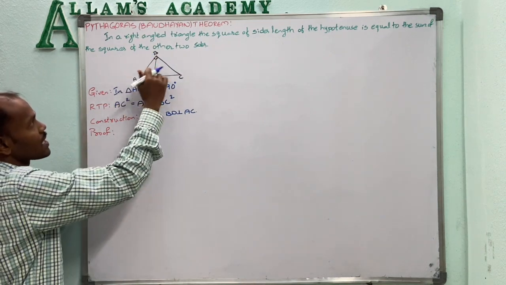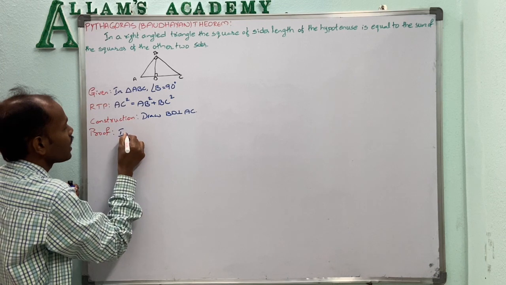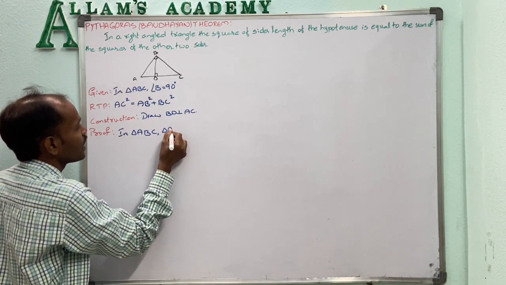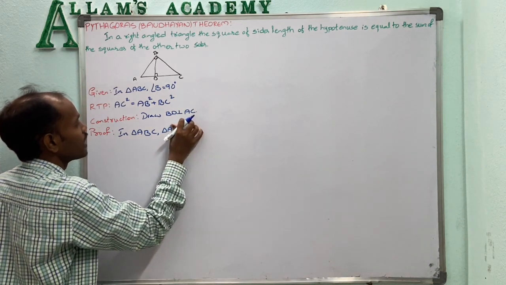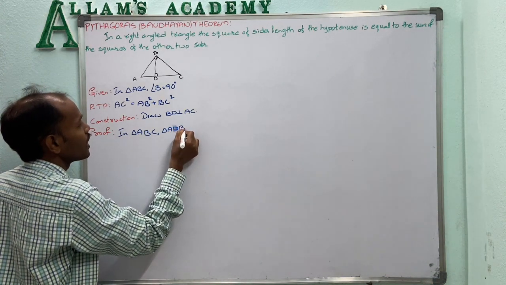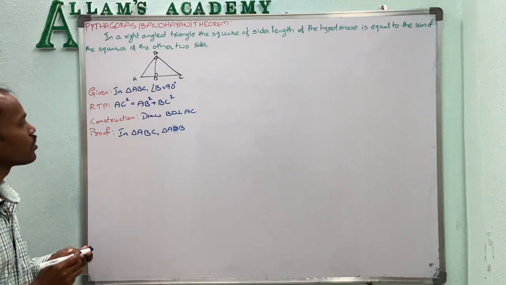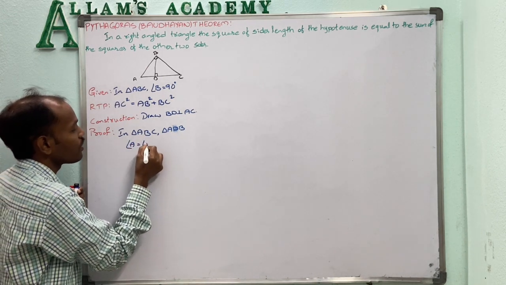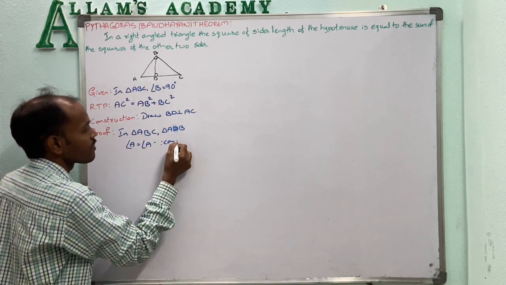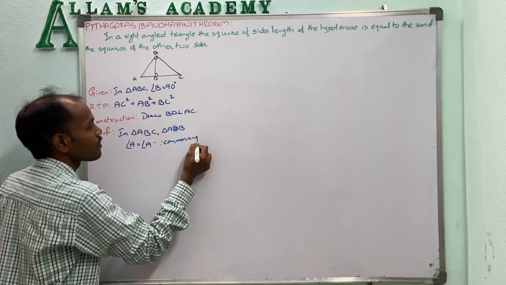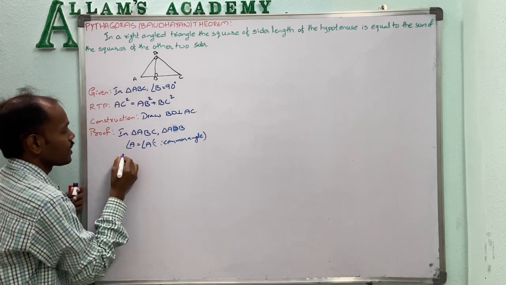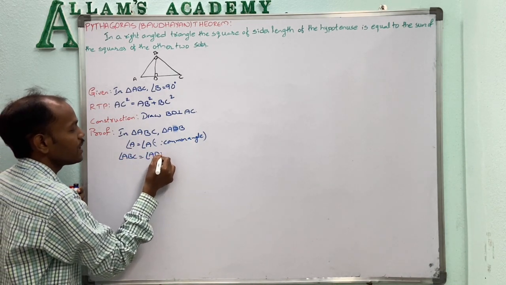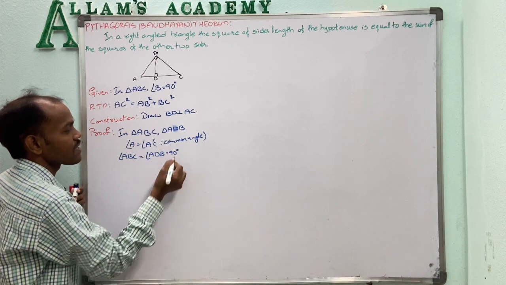Now in this figure, if I take triangle ABC and triangle ADB, observe that angle A is the common angle for the two triangles, and angle ABC equals angle ADB equals 90 degrees.